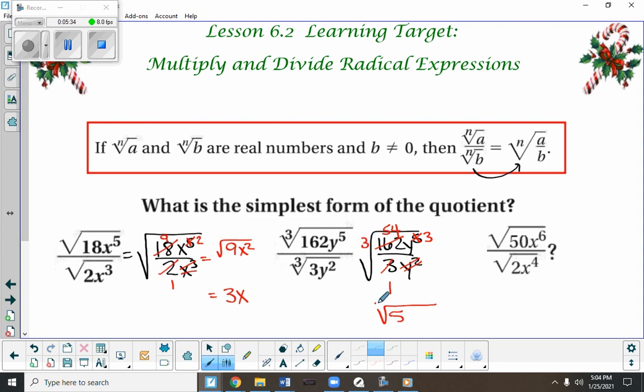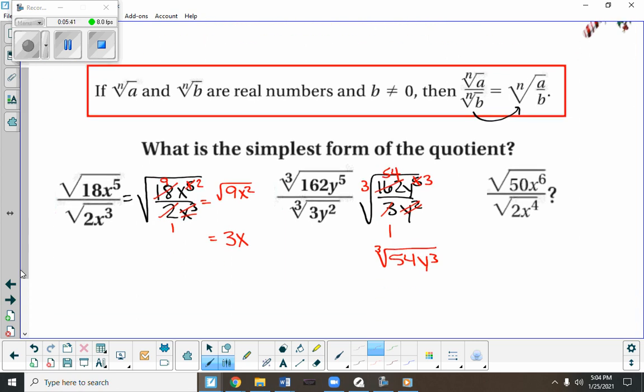I made a big mistake. That's a cube root. The cube root of 54y to the third. But we're not done yet because we have to look at the list of perfect cubes, and we'll see that 54 can be divided by 27. So we have to write it like this: 27 times 2y to the third. Now the cube root of 27 is 3. The cube root of y cubed is y. And then you have the cube root of 2 left inside.